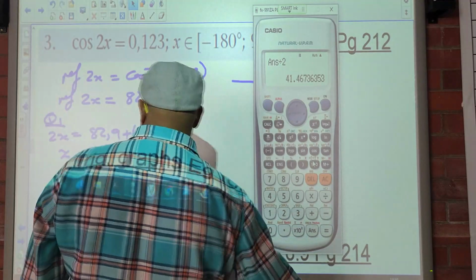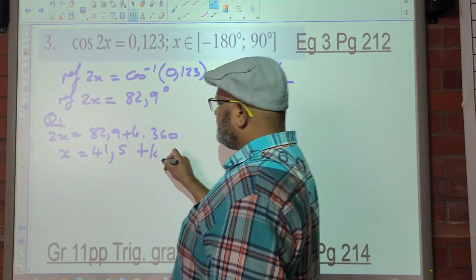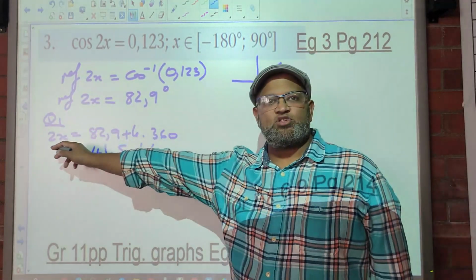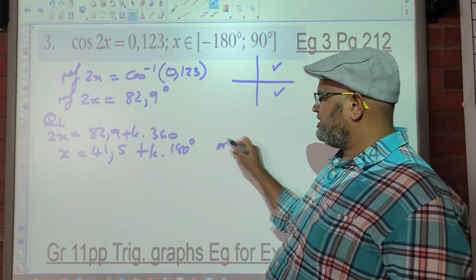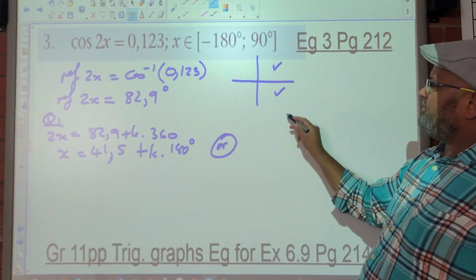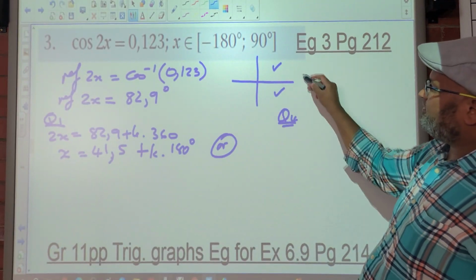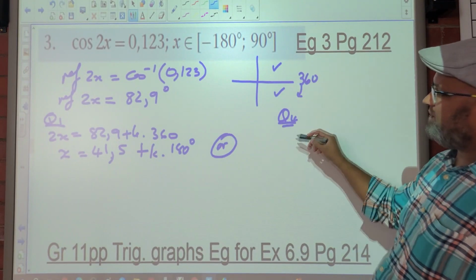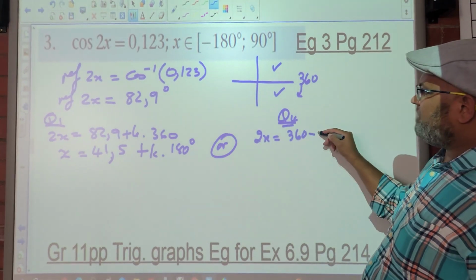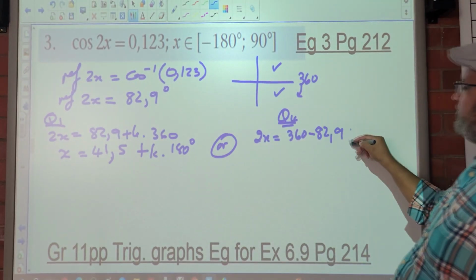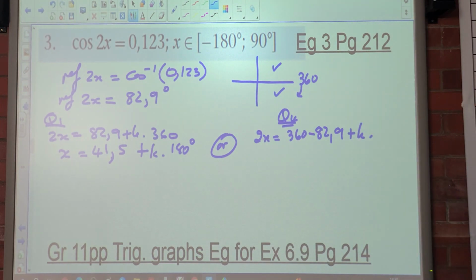Now 41,5 plus k times, remember I'm dividing 360 also by 2. The period now goes to 180. Or quadrant 4, how do we get in quadrant 4? 360 minus. So 2x is equal to 360 minus 82,94 plus k times 360.